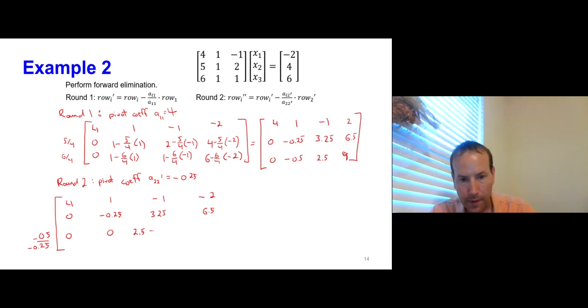And so we got 2.5 minus negative 0.5 over 0.25 times 3.25, because that's the value from the pivot row. And then down here we've got 9, that's the current value, minus the same fraction times the amount that's in the pivot row, which is 6.5.